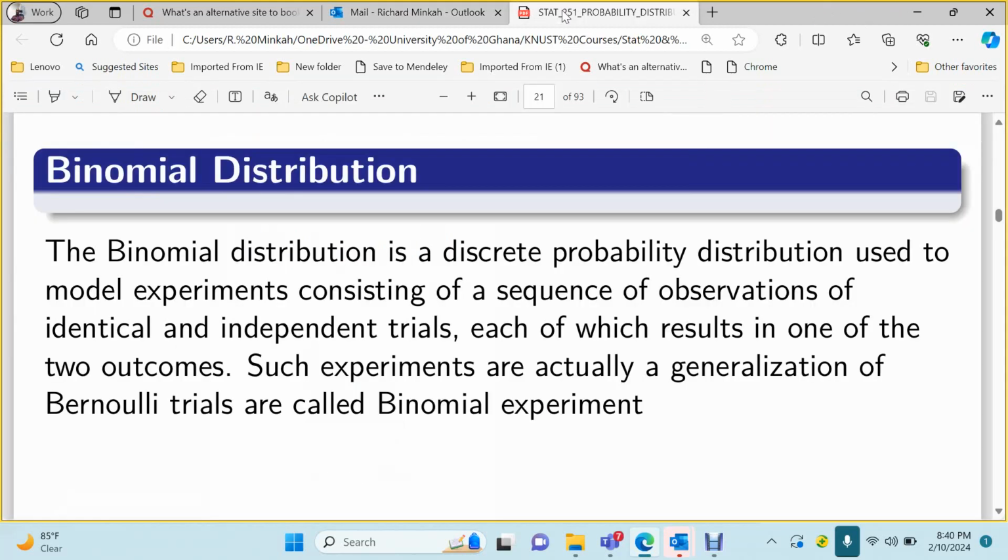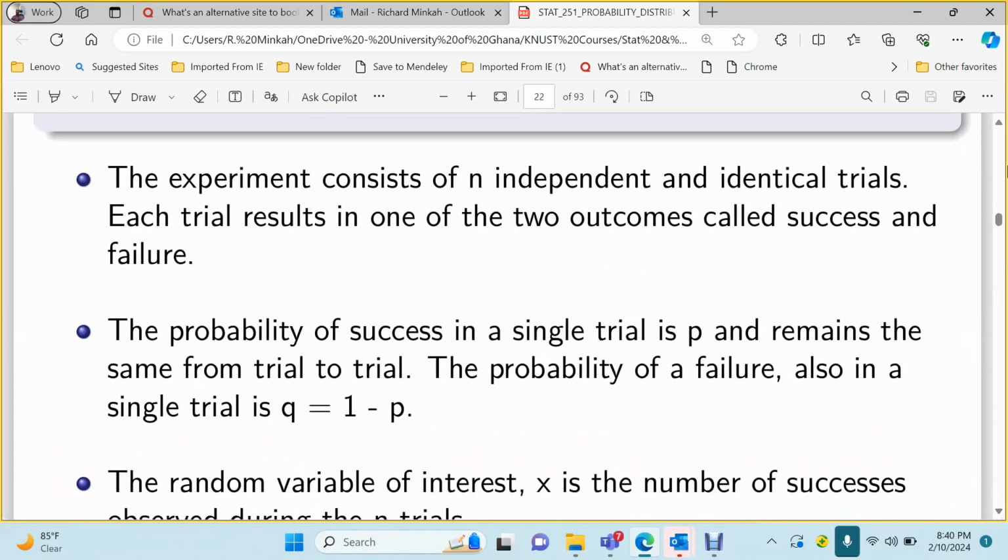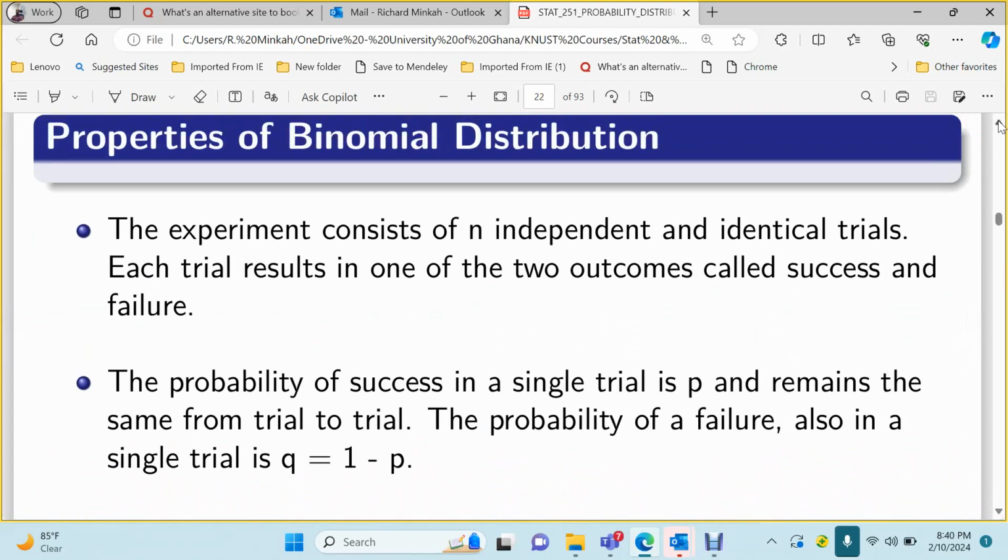Okay. So a binomial distribution has some characteristics, and those are the characteristics you have over here. The experiment consists of N independent identical trials. So I toss the coin 10 times, my N is 10, right? The way I toss it should be the same way, it should be identical. And also independent.